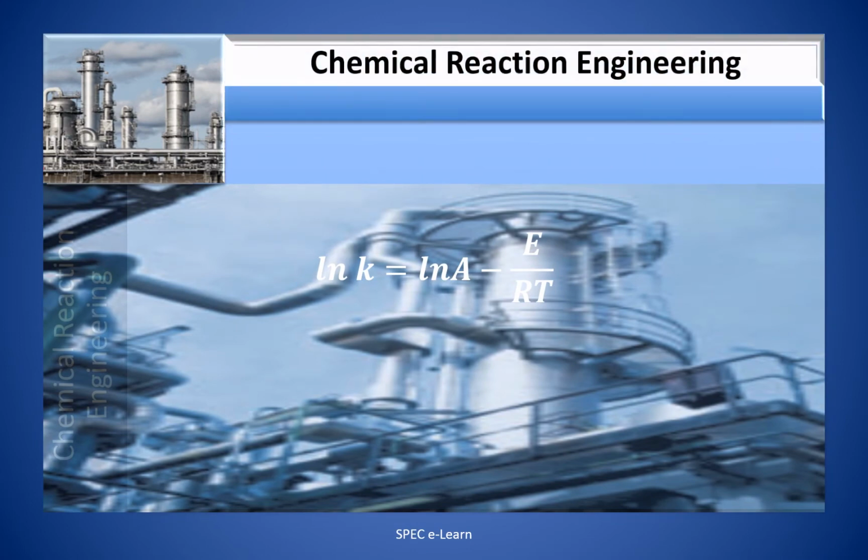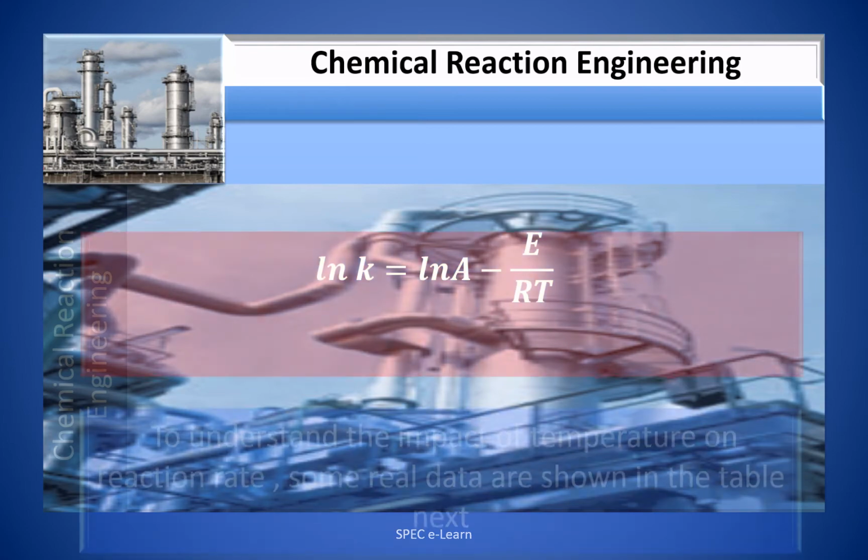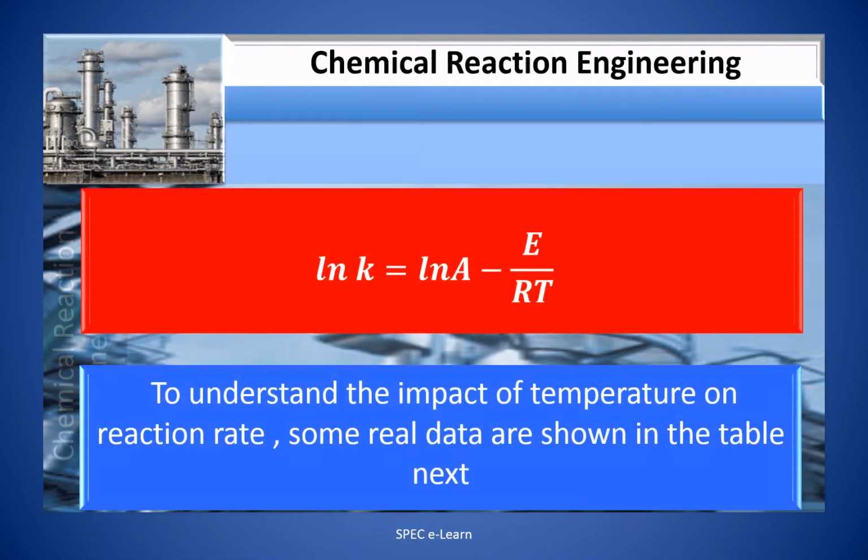The equation for the rate constant can be written as ln k equals ln A minus E by RT. To understand the impact of temperature on the reaction rate, some real data are shown in the table next.